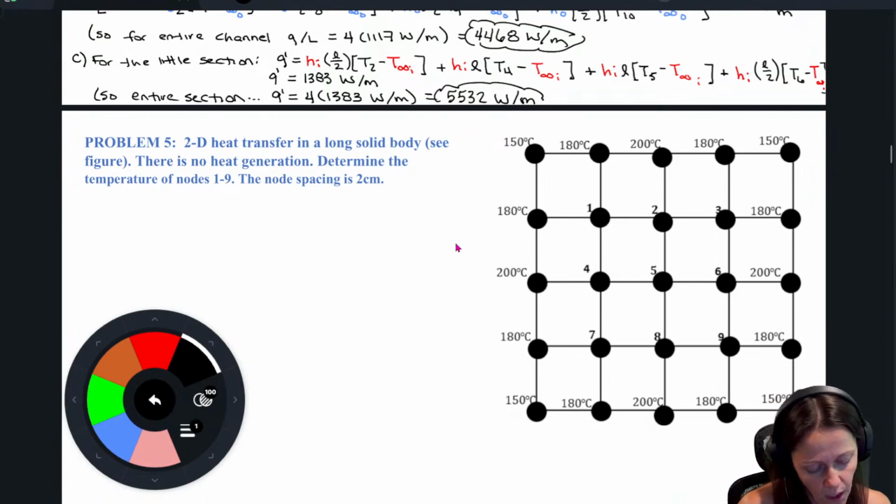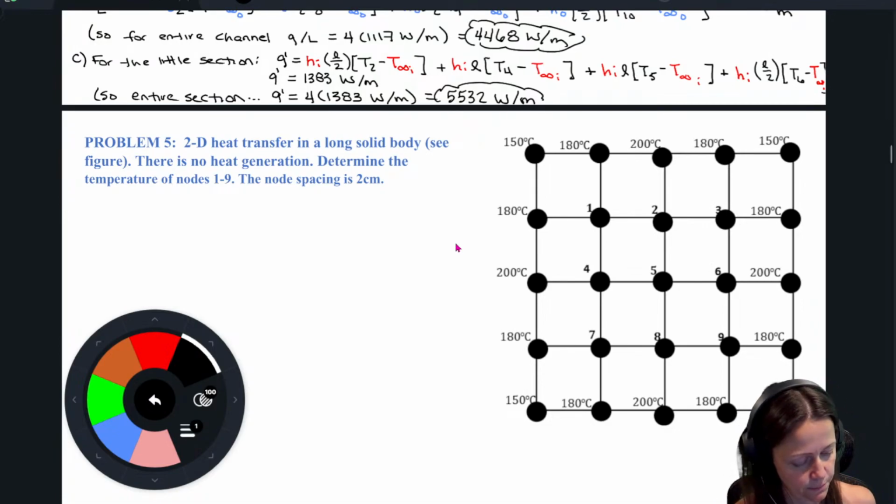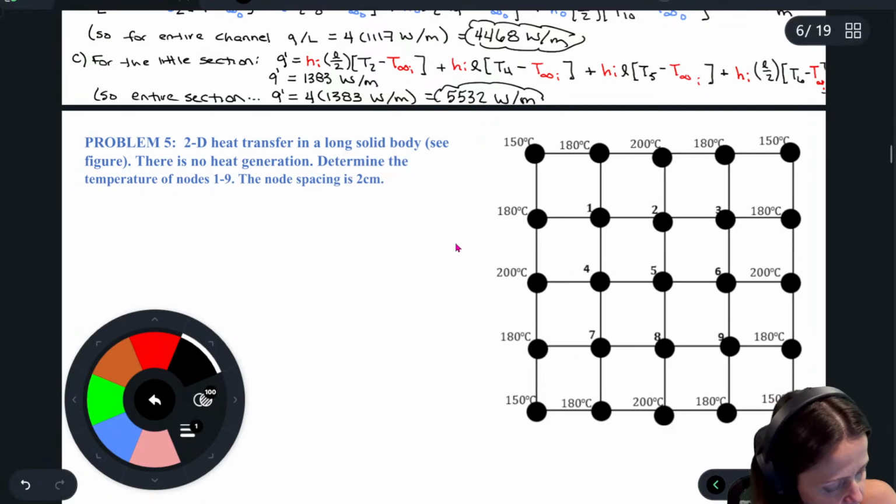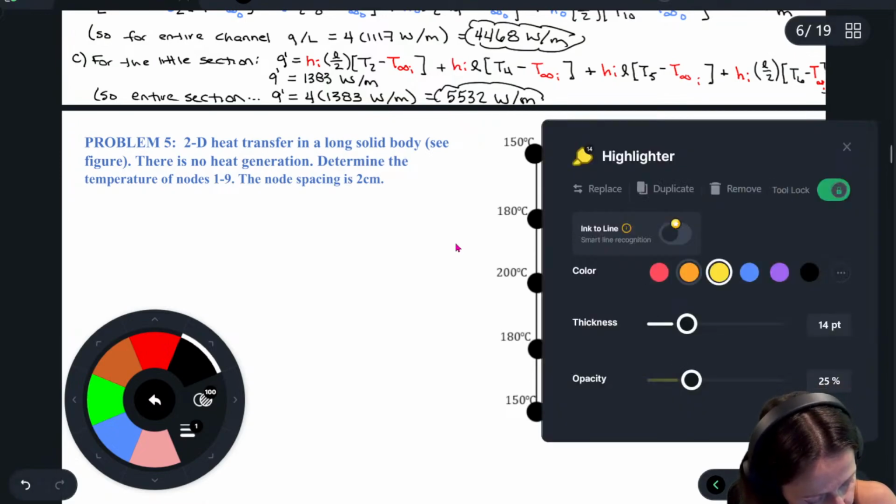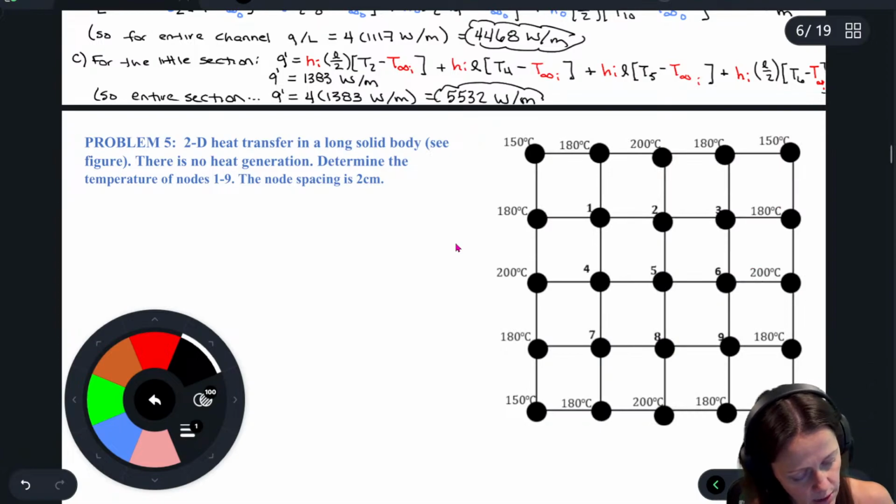Perfect. All right. So what I want you to note is that there are lines of symmetry here. And I'm going to draw them. I'm going to highlight them in a kind of orangey. So you can see that there is a line of symmetry right here. How do you know?